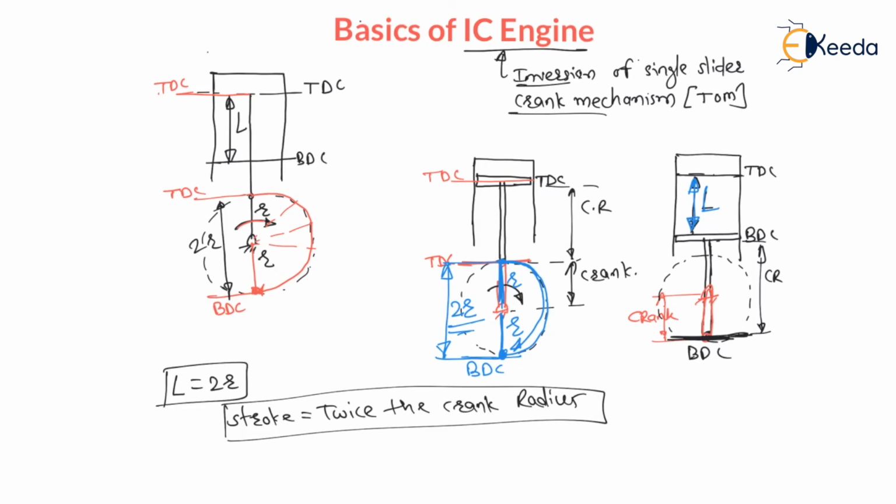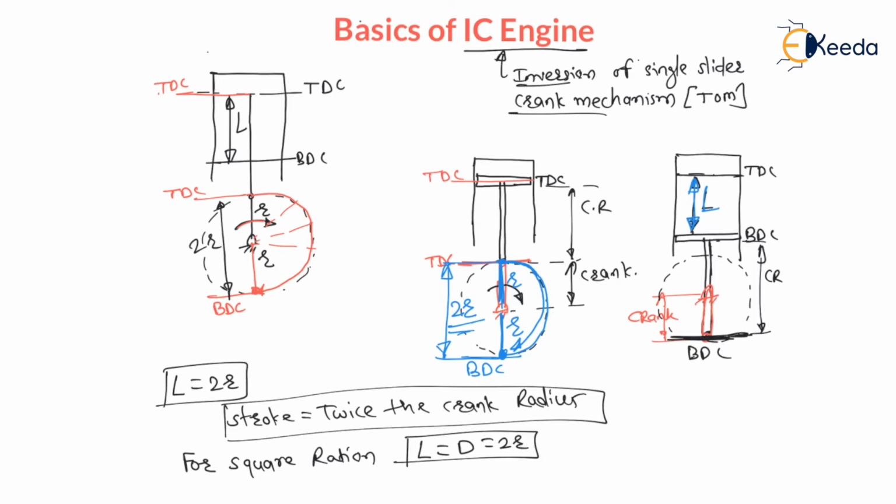Now in exams it is generally given that there is a square ratio. For square ratio, the stroke is equal to the diameter of the bore, that is, the diameter of the cylinder. Stroke is equal to diameter of cylinder, which is nothing but 2r. This is a square ratio.